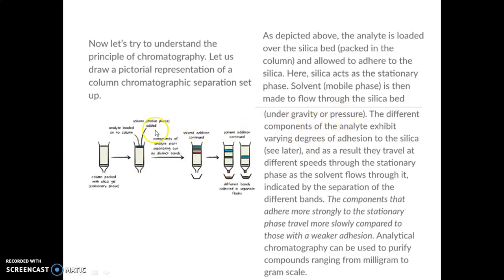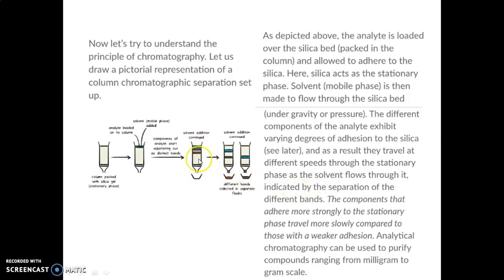The different components of the analyte exhibit different degrees of adhesion to the silica. We will see exactly what the principle behind the adhesion is. As a result, they travel at different speeds through the stationary phase as the solvent flows through the column.